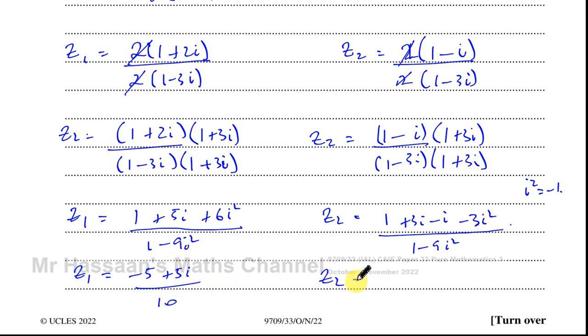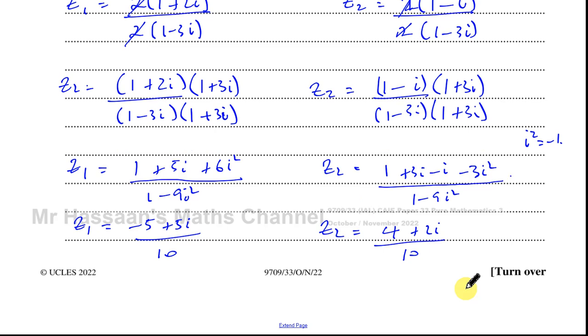And my second solution for z2 is going to be 1 plus 4, because it's going to become minus 3 times minus 1, which is plus 3. So 1 plus 3 is 4. I'm going to have plus 2i over, again, 10. Because this is minus 1, so you'll have 1 minus 9 times minus 1, which is 1 plus 9, which is 10.